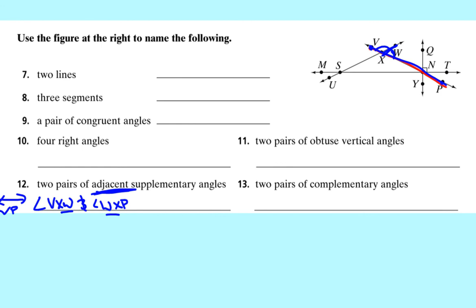Okay, so let's do another one. So let's say I care about line UX. Maybe we call it line US or UW, who cares? Alright. And let's take a couple angles that make up this line. So I can look at these two above it, but I want to look at the ones underneath. So I want to take this angle down here.